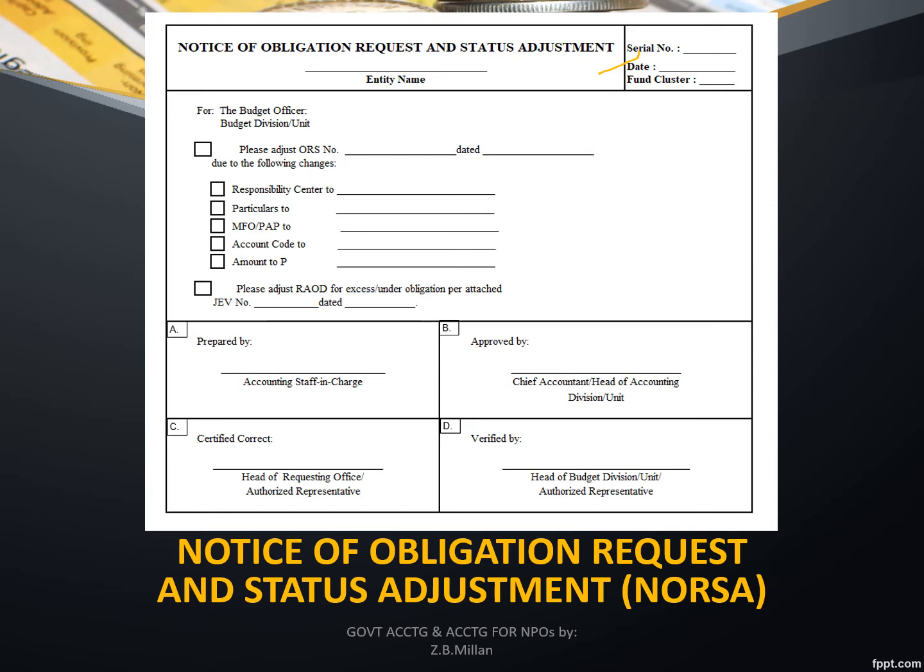The adjustment shall be effected through a positive entry or addition, or a negative entry or reduction, as appropriate. So, fill up lang natin yung form ng NORSA for the respective adjustment na kailangan natin gawin for the amount recorded in the RAOD and in the ORS.